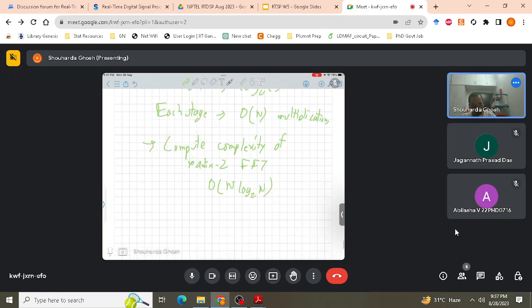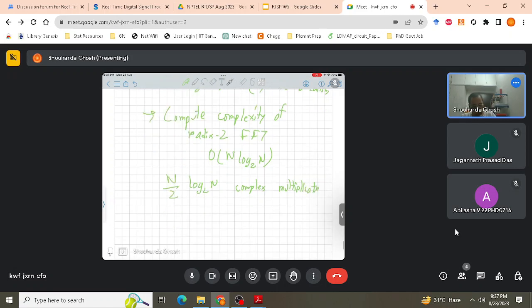It actually contains n by 2 log 2 base n complex multiplications. Now see, DFT was n squared, radix-2 FFT is n by 2 log 2 base n.